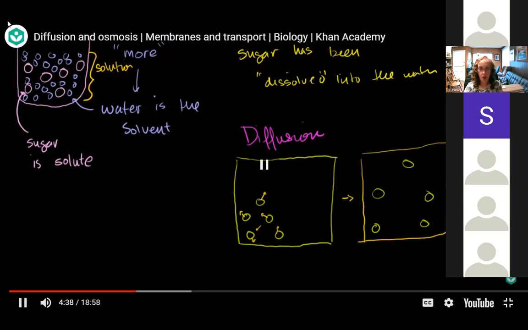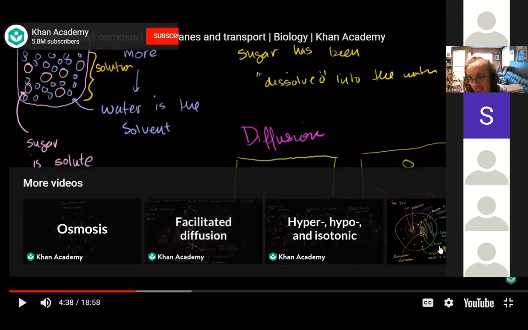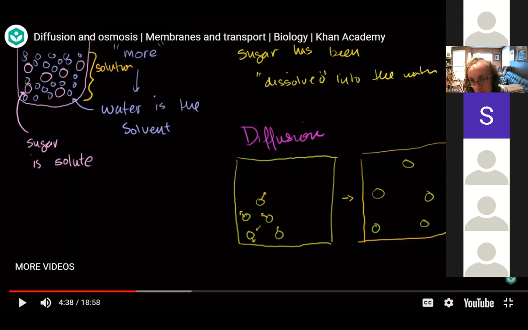Also, if I add heat, if I start heating this up, those molecules are going to diffuse a lot faster. Why do you think that would be the case? Because they'd want to get farther away from each other because of the heat, but if it was colder, they'd get closer together. Close.